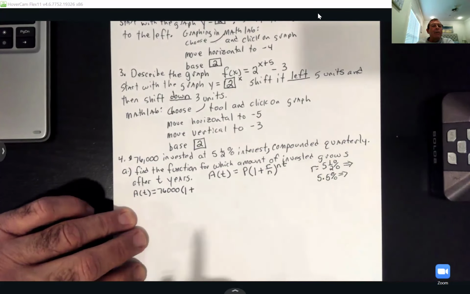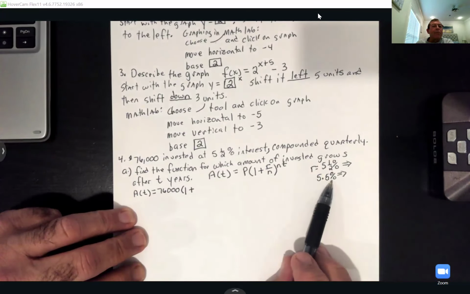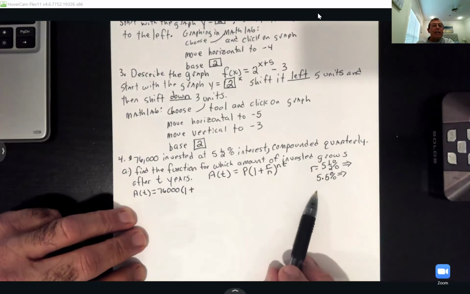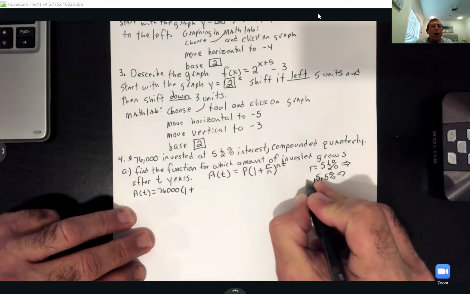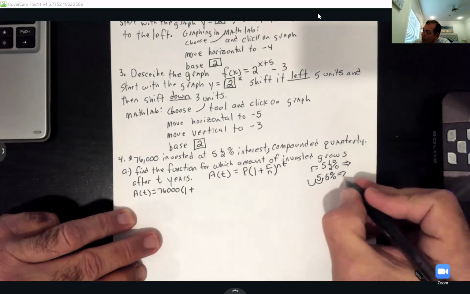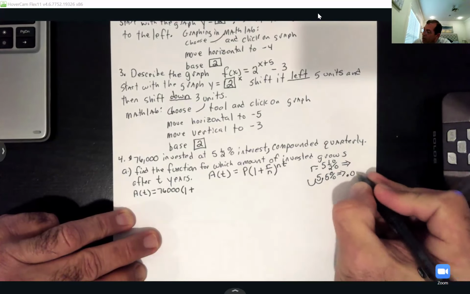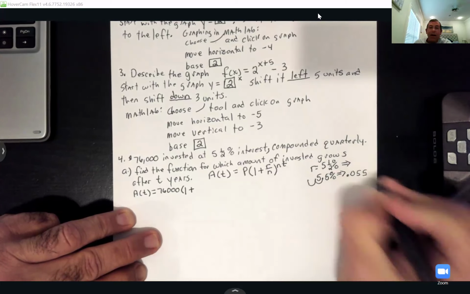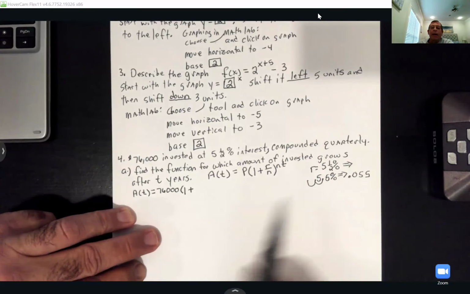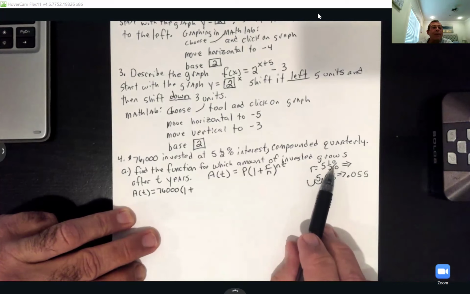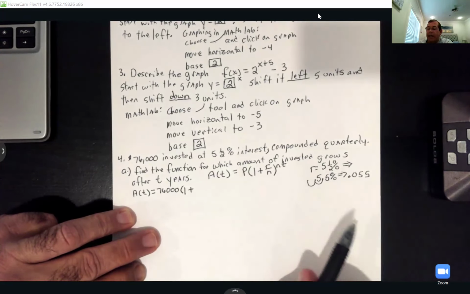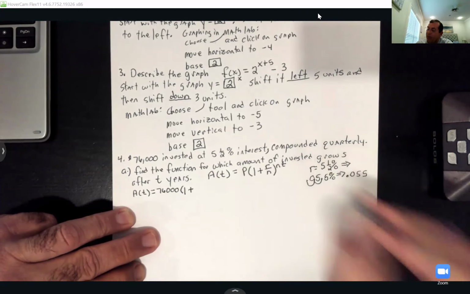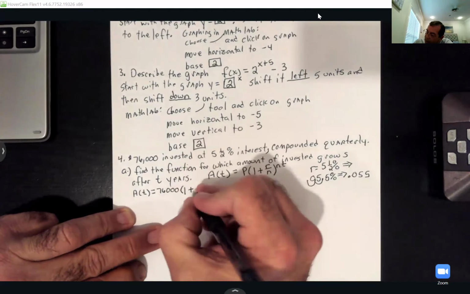But now, remember, I got to turn it from percent into decimal. So we need to move that decimal left twice. And y'all, that's going to give me a 0.055. Okay, so turn the half into the 0.5 and then move the decimal left twice, which meant you had to add a 0 there, okay?